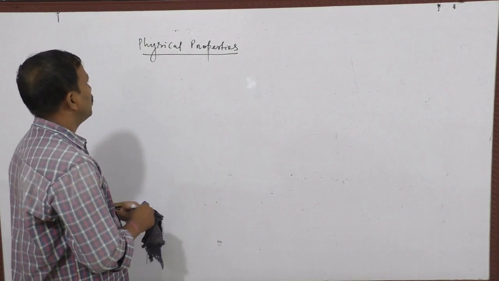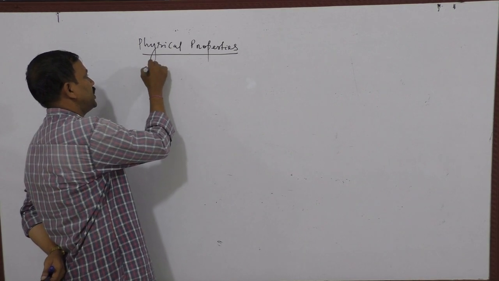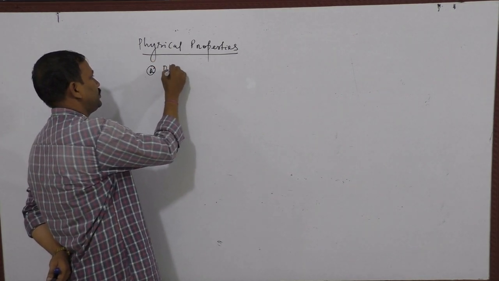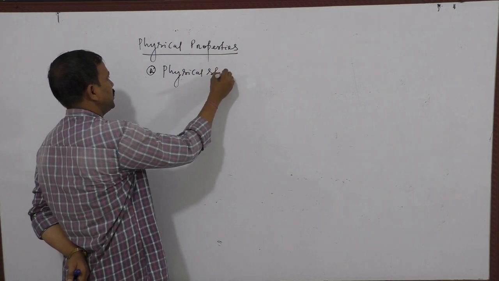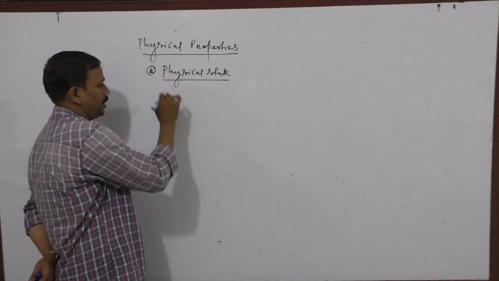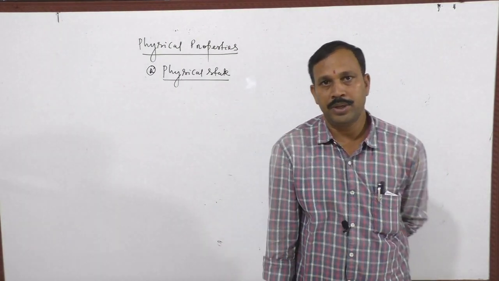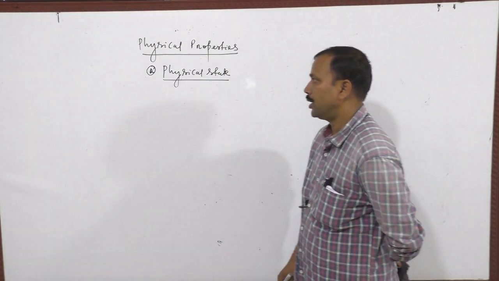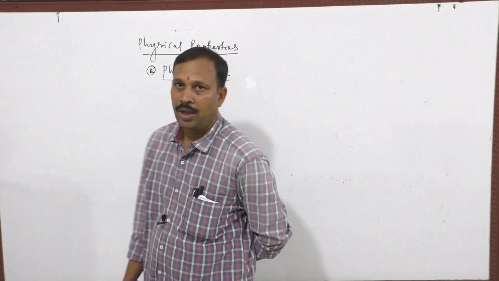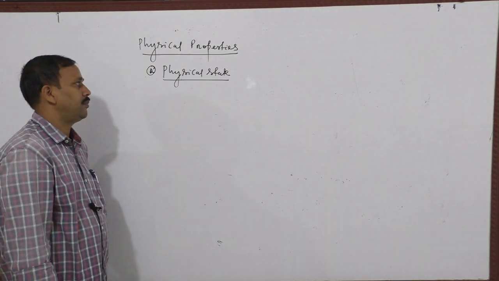Now goes to physical property. First point, one is physical state. Haloarene means that may be chlorobenzene or bromobenzene or iodobenzene or fluorobenzene or any derivative for halogen are present in colorless liquid.